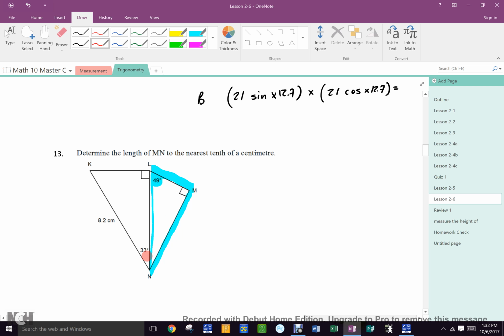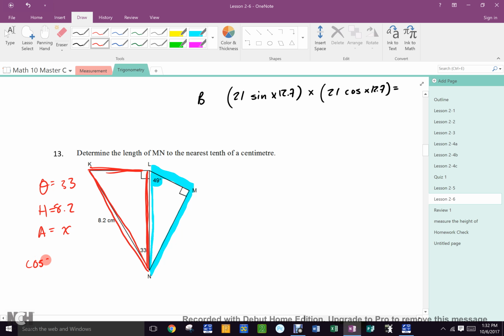But I can find this side, can't I? Why? Because it's attached to this triangle that has a theta of 33 and hypotenuse of 8.2. And what side do I need in red? Adjacent. So what works there?